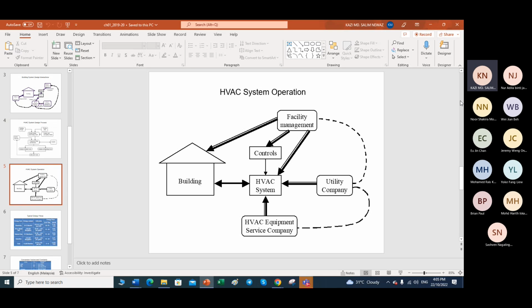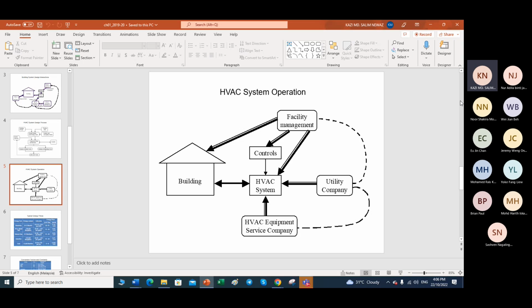So the facility management unit has to be there. They will maintain the facilities of the building, starting from the fire hydrant and sprinkler, to the heating, air conditioning, and ventilation system. All these things have to be considered by the facility management team, and they will guide the control system of the buildings.